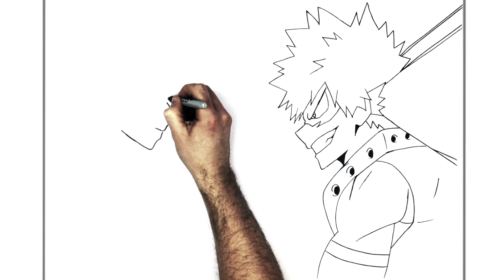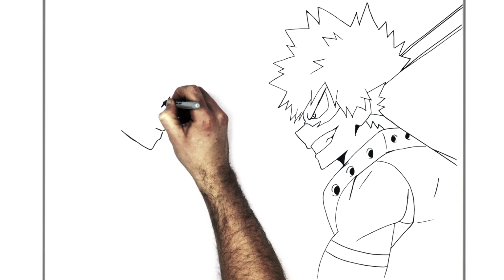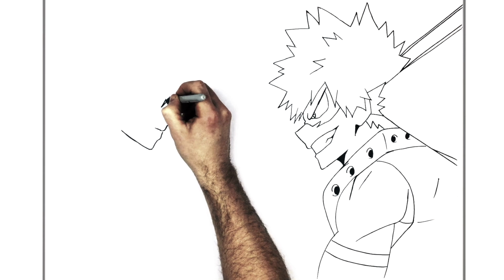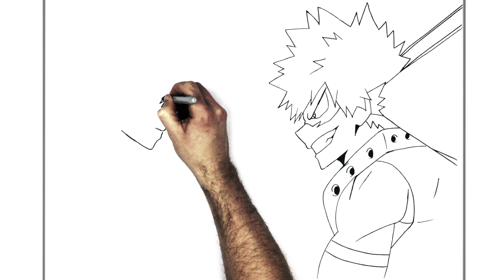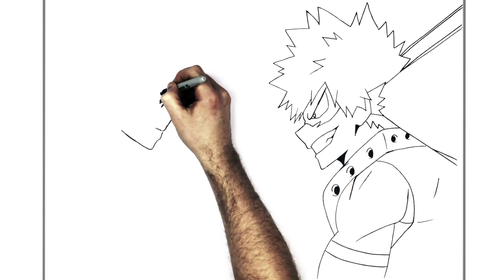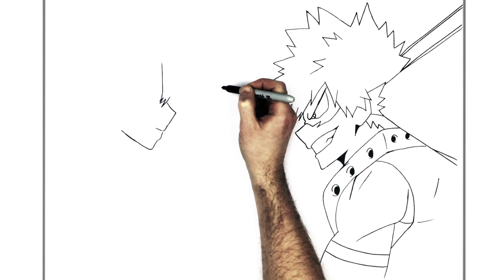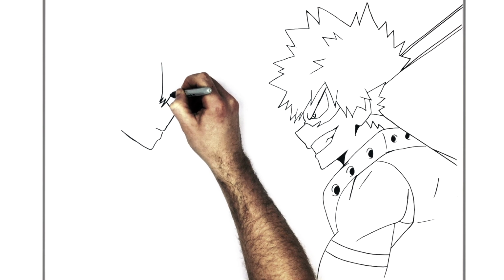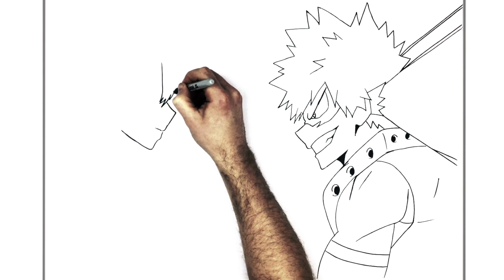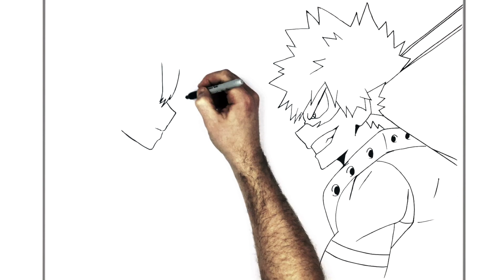So hair spike here, like a couple, and then it goes up this way, right? And then the other side will go up like so.